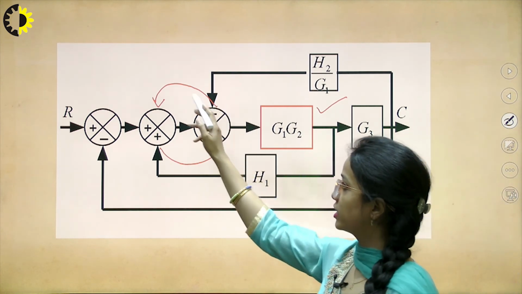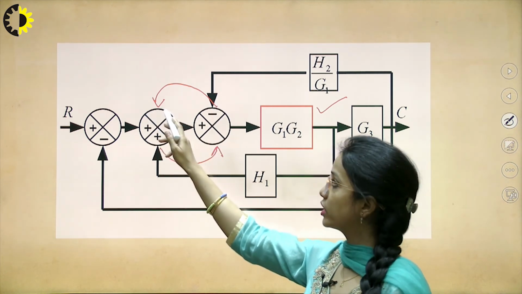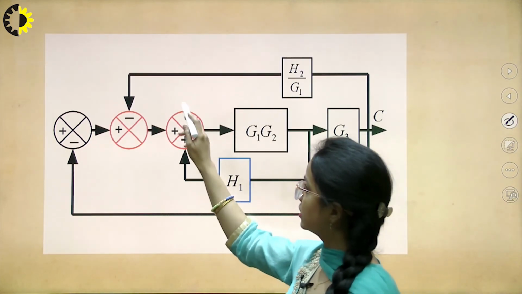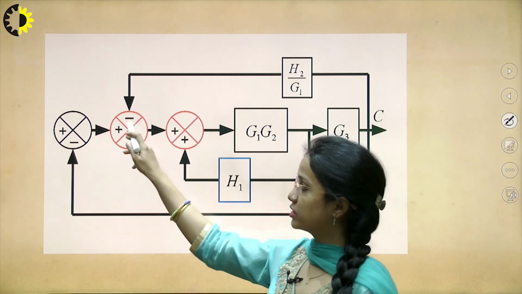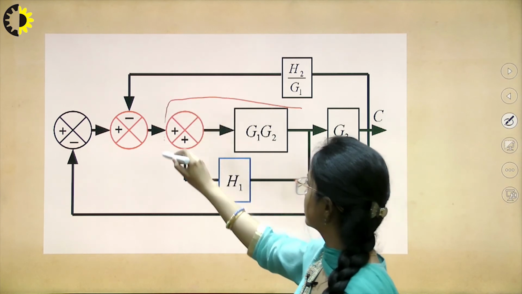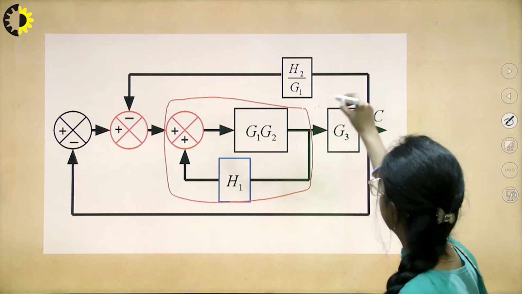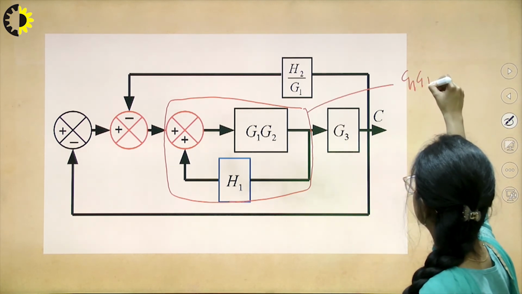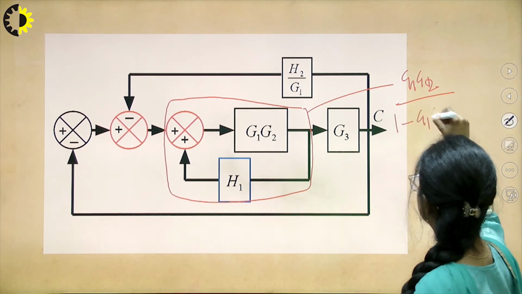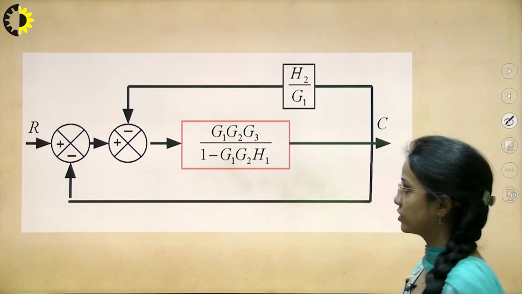When this input will enter the summation, we have to transfer it along with the negative sign. So we have transferred the input from here to here with the negative sign, from here to here with the positive sign. This combination is a combination of positive feedback, which can be reduced as G1 G2 upon 1 minus G1 G2 H1. So here we have reduced.